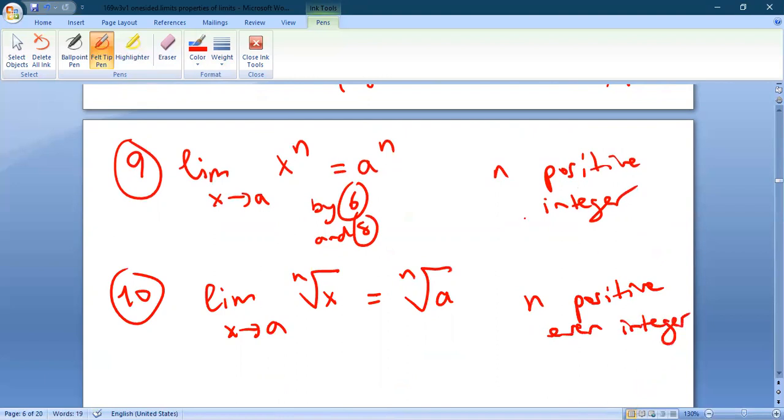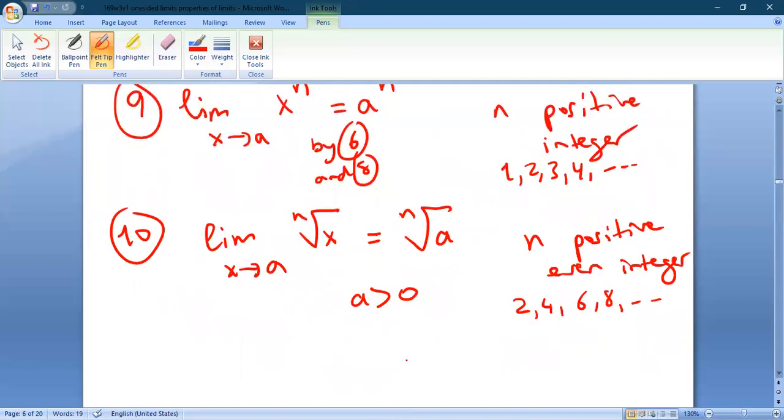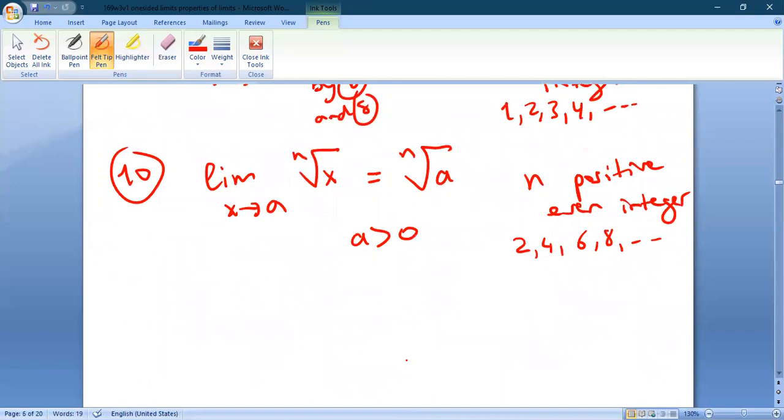When we say positive integer here, we say 1, 2, 3, 4. But when we say positive even integer, we mean 2, 4, 6, 8, and so on. Also, we should assume that a is positive, because if a is not positive, then we would take the square root or even root of a negative number. So we need a to be positive.